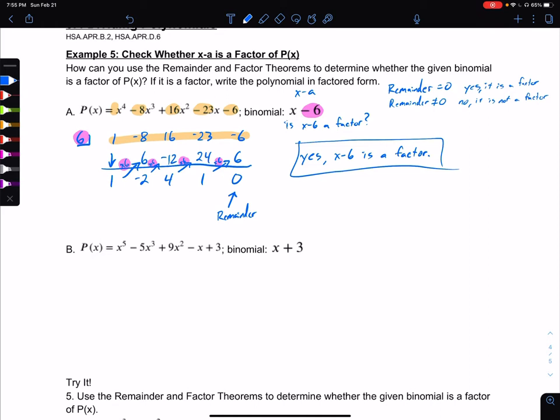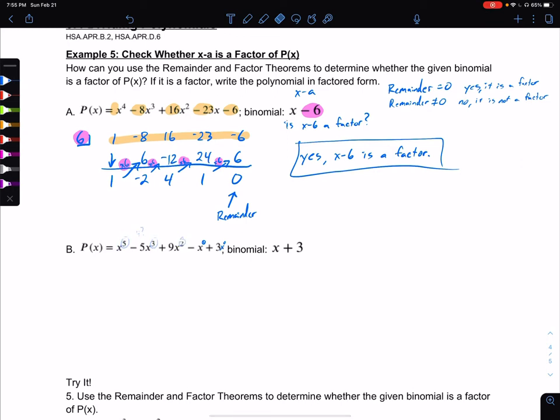So now in part B, we're going to do the same thing. Not too much is going to change, but it's nice to see another example. Now for this problem, my degrees, I have the fifth power, the third power, second, first, and I have my constant. So that would be a 1. I'm missing the fourth power. That's absent.